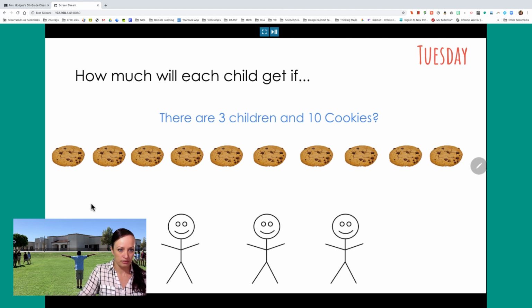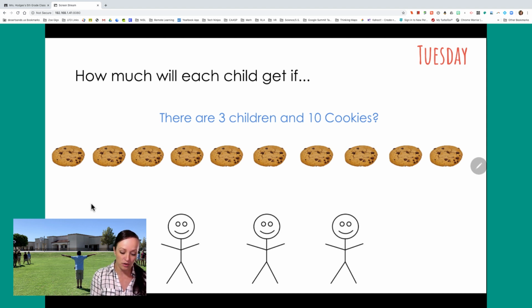Do we see my tablet? I hope so. So here's our situation. We have 10 cookies and we have 3 kids, so we have to share all these cookies. I can already tell that I'm going to get more than just one cookie, because there is plenty to share.